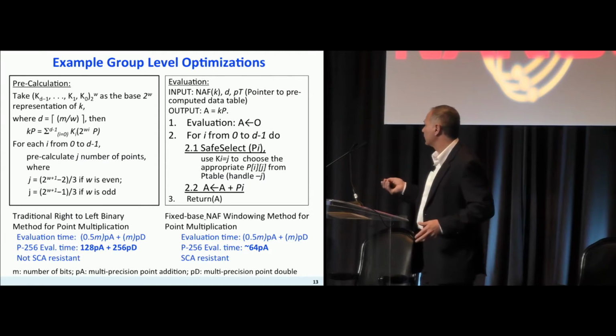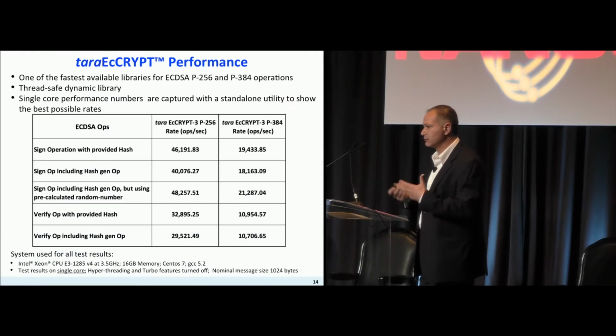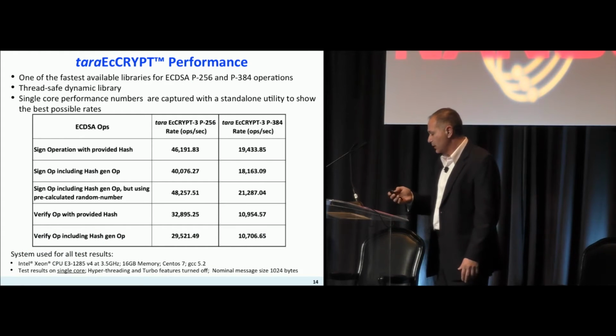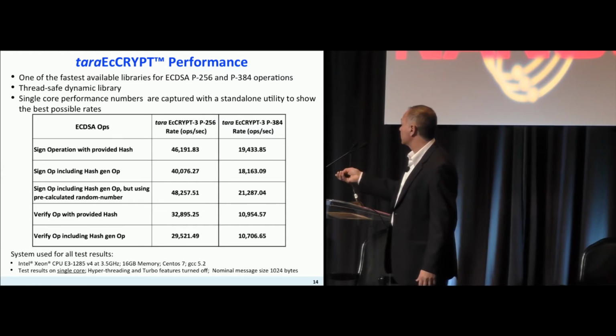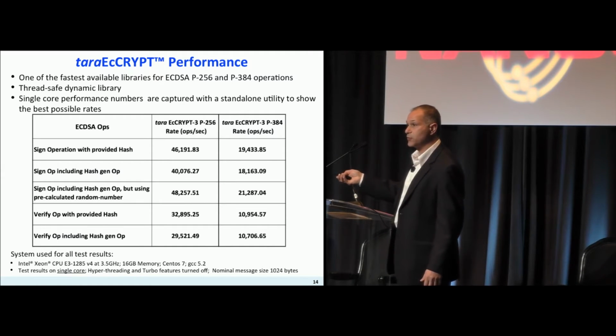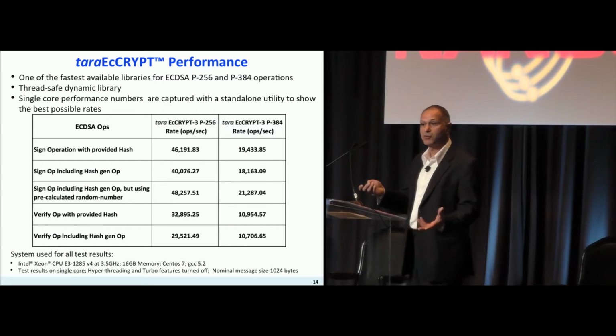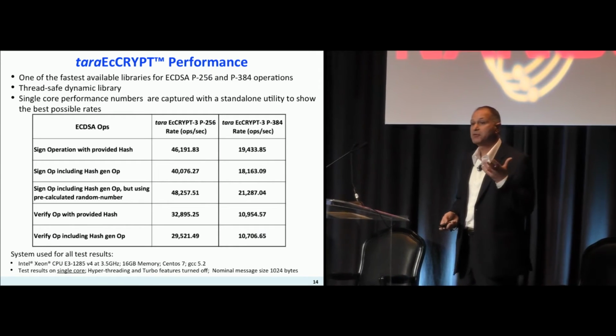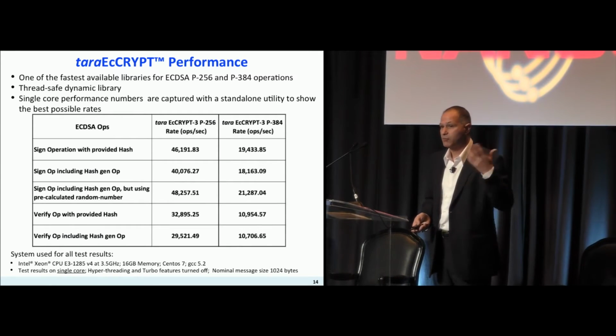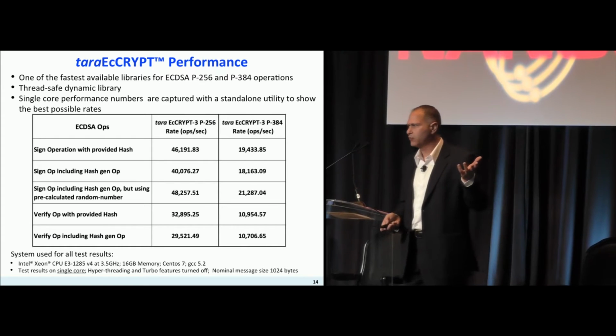Let me show you what these numbers mean at realistic levels. The chart shows numbers for P256, which is the algorithm of choice for BGPsec today, and we put its bigger brother P384 as a reference. P256 is approved for many more years. I think it's good up to 2030.